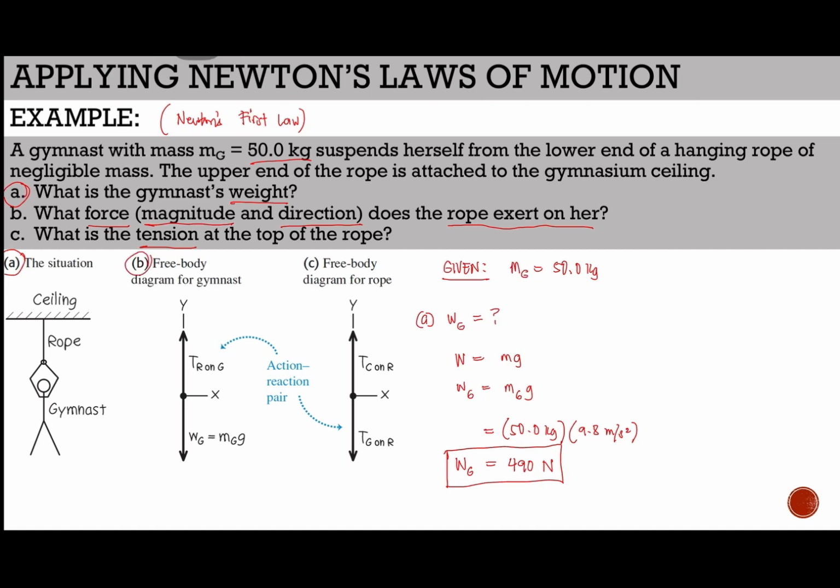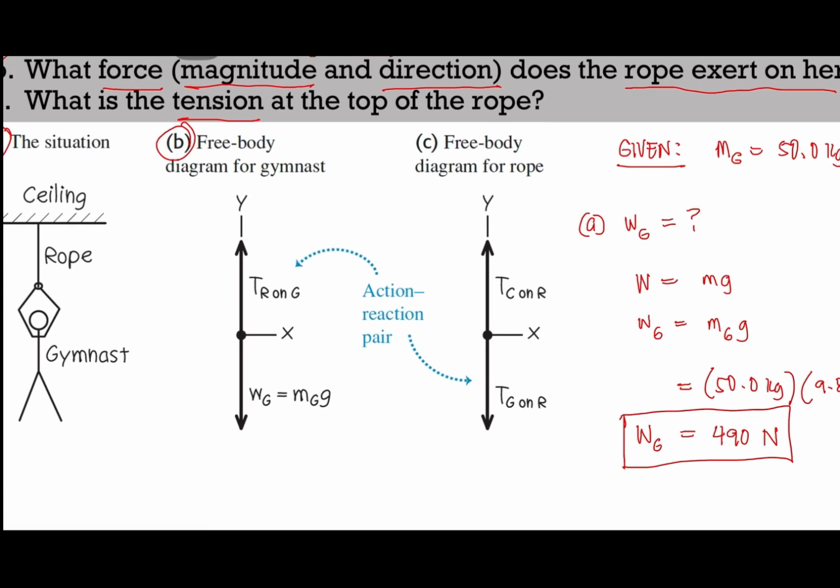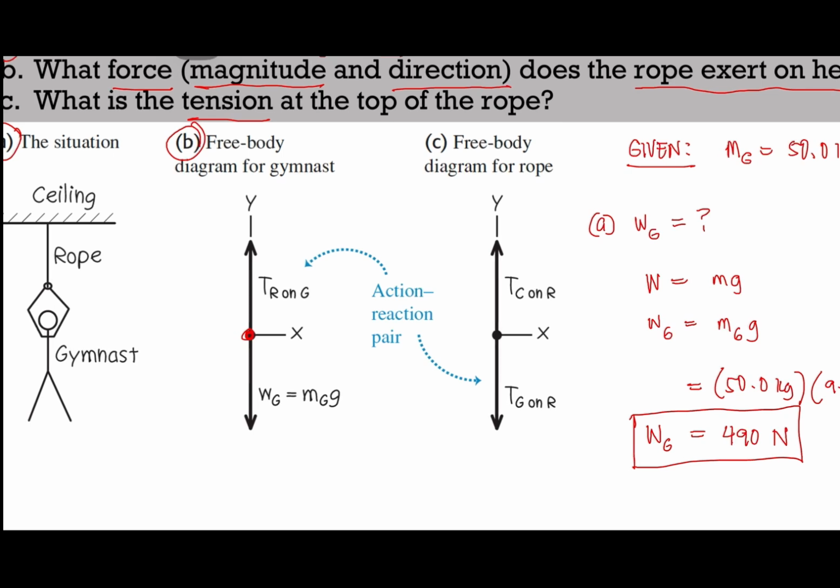For letter B, we will be using the free body diagram for the gymnast. If we sketch the free body diagram, this dot right here is assumed as our gymnast. The tension force that the rope exerts on our gymnast is along the positive y-axis, going upwards, whereas the weight of the gymnast is downwards, along the negative y-axis.